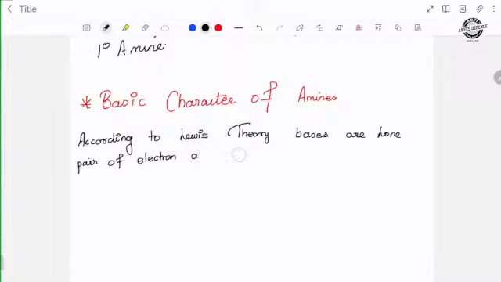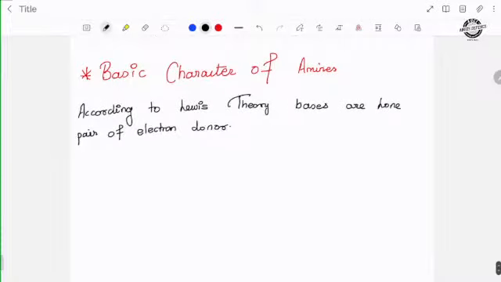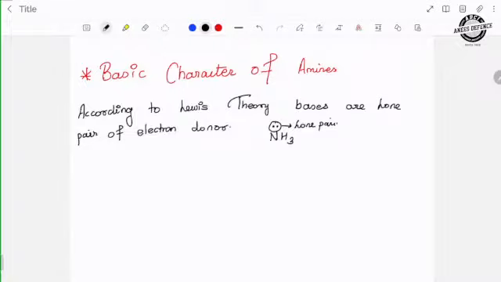Sorry, it is donor. I'm extremely sorry, it is donor. We also distinguish what we mean by lone pair and what we mean by bond pair. In nitrogen there is only one lone pair of electrons. The more easily it can donate the lone pair of electrons, the stronger base it will be.